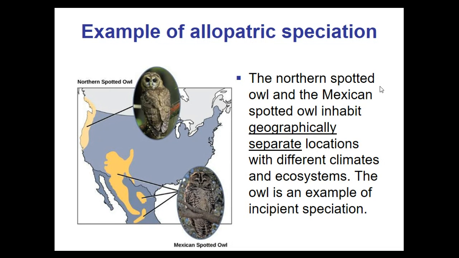These owls like old growth, mature trees, and so this desert area that has formed, this may have been a continuous forest at one point. Now they're separated by deserts. So they've evolved differently since then.